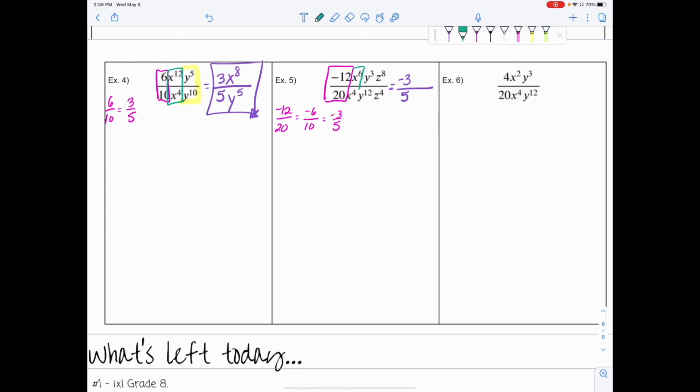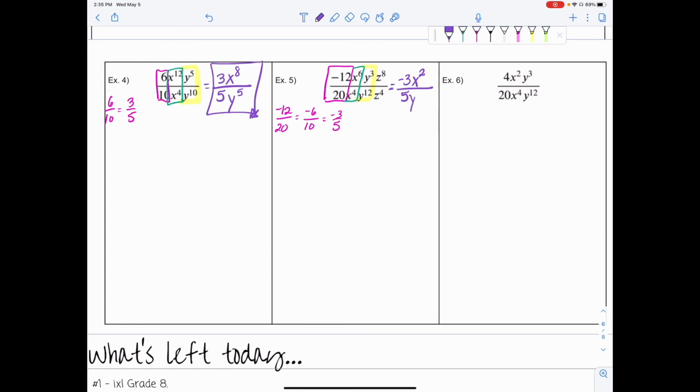And then if we look at our x's, the largest exponent is in the numerator, so our x is going to end up in the numerator. And then our base is the same, we subtract our exponents. 6 minus 4 is 2. Then for our y's, we have y to the 3rd over y to the 12th. The biggest exponent is in the denominator, so y is going to end up in the denominator.